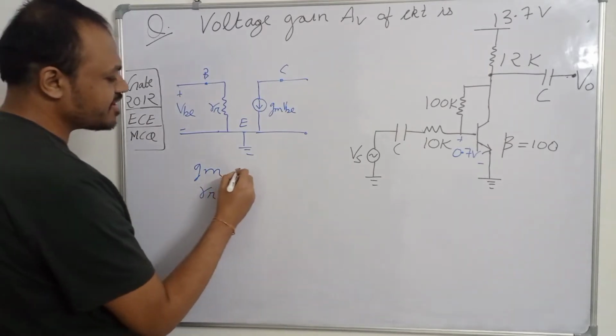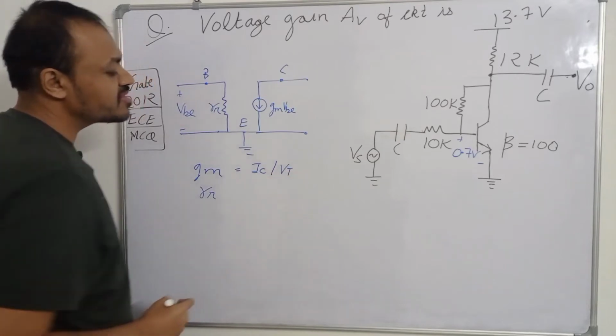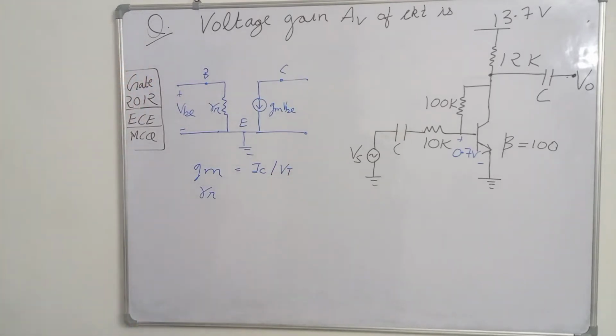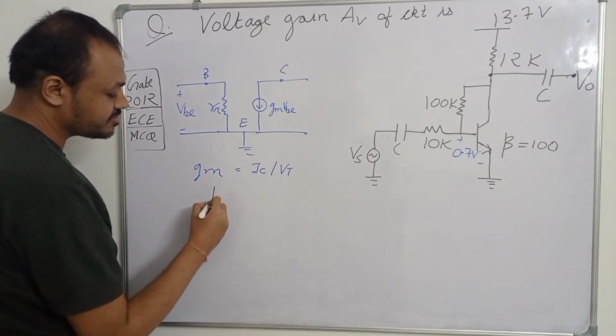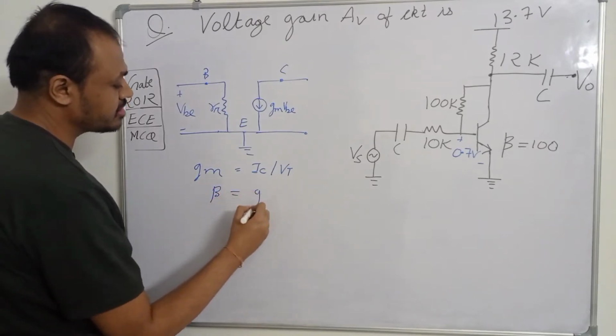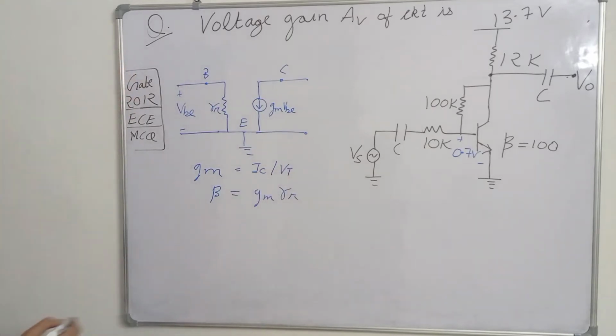So gm is given by IC upon VT, where IC is your collector current and VT is the thermal voltage. And beta is given as gm times RPi. So beta value we already know, it is given in the question as 100. So we will have to find the value of the collector current IC.